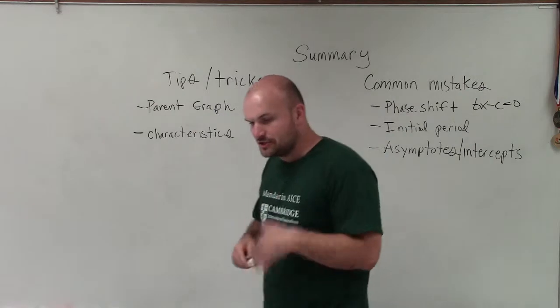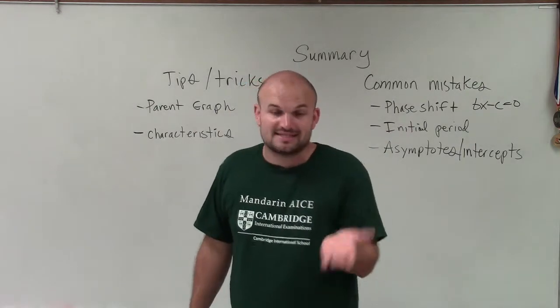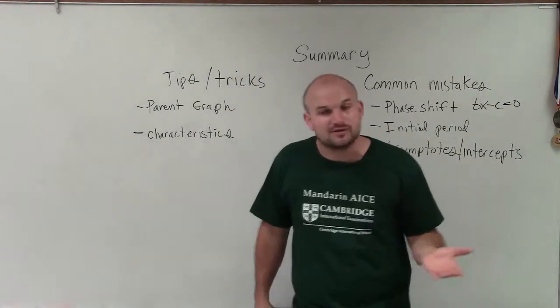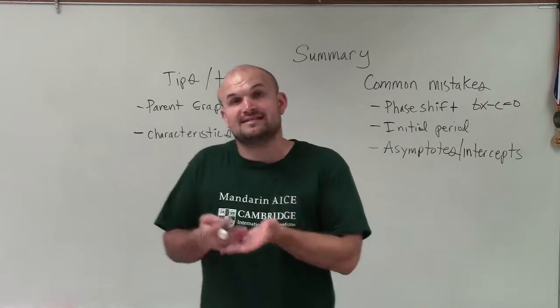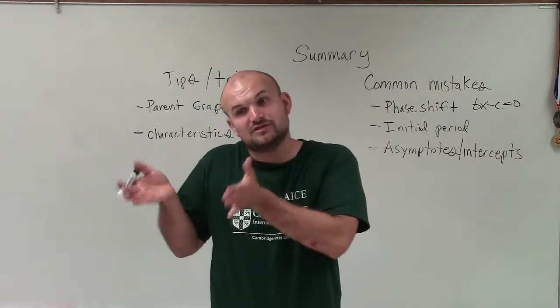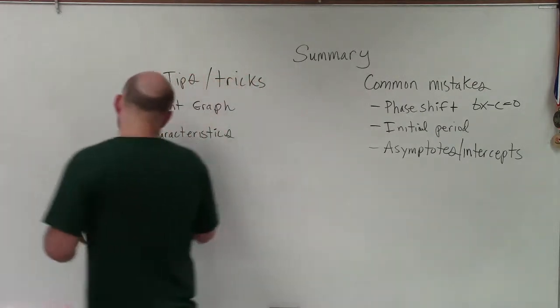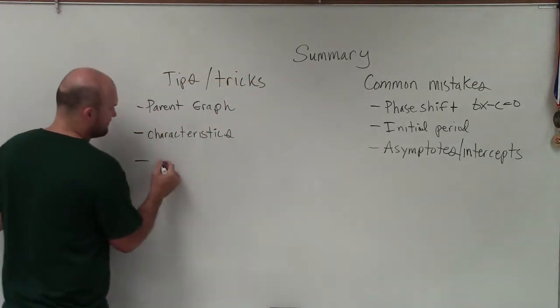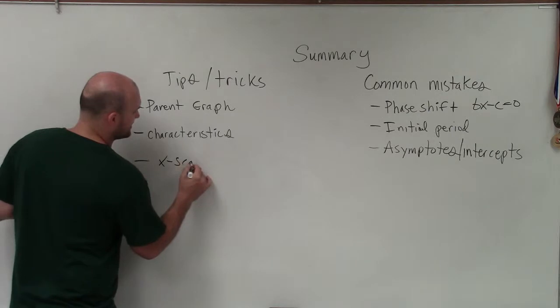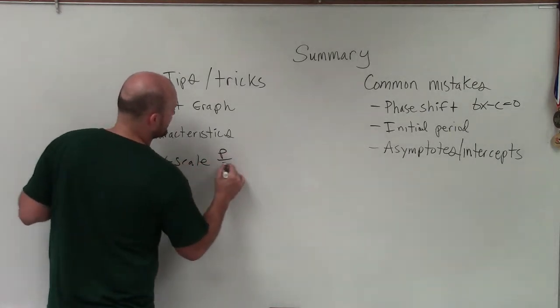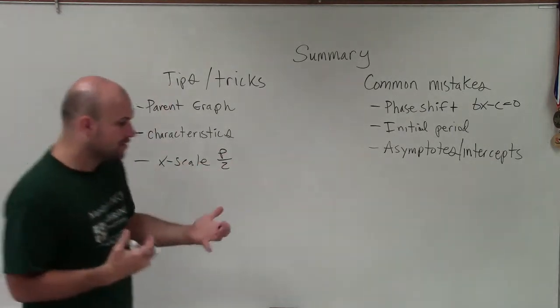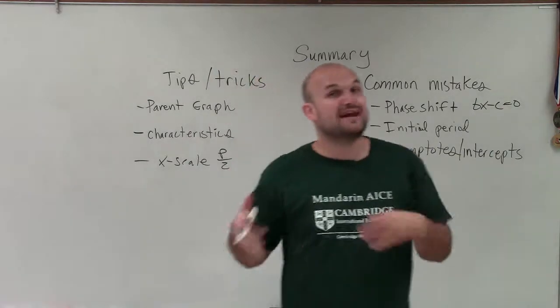The next thing is, again, knowing the characteristics. Tangent and cotangent do not have an amplitude. However, the difference now is that their period, remember, instead of 2 pi, is now pi. And the other tip and trick that I like to use, I forgot to write this in there, is that the x scale is period divided by 2. For sine and cosine, the x scale was period divided by 4.